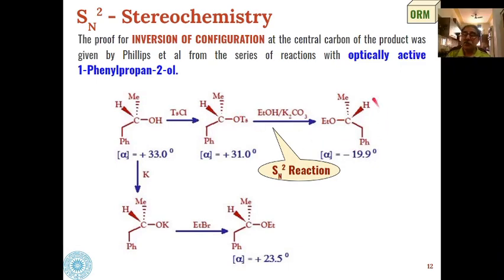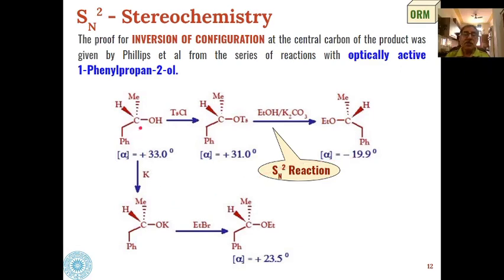So when it gets attached on the other side of the molecule to which the leaving group was attached, it was found that the value of alpha was minus 19.9. So that means the substrate was dextrorotatory, and the product formed was levorotatory. So an inversion of configuration has taken place in this case.